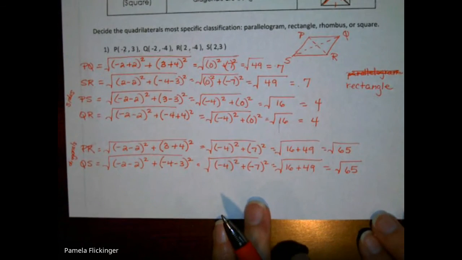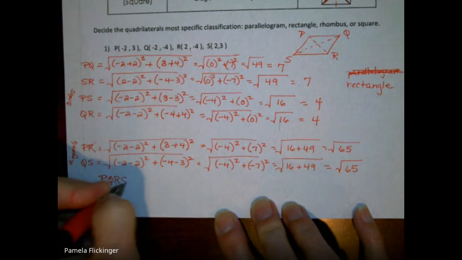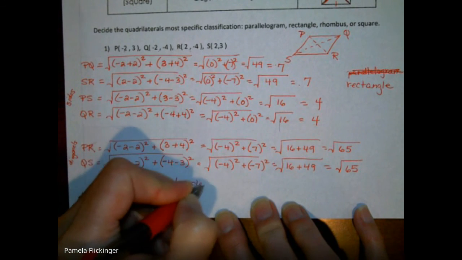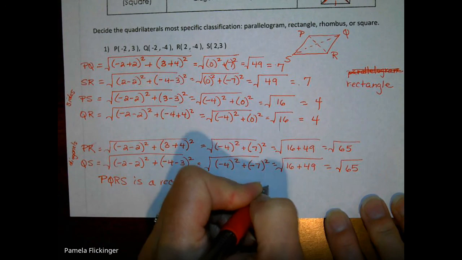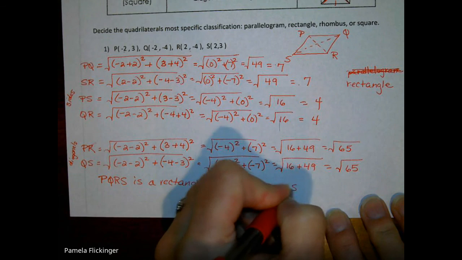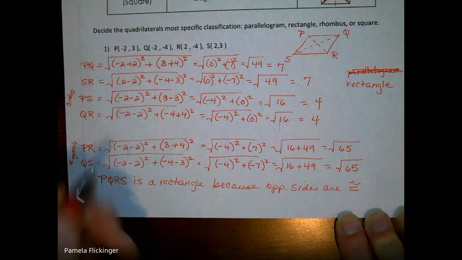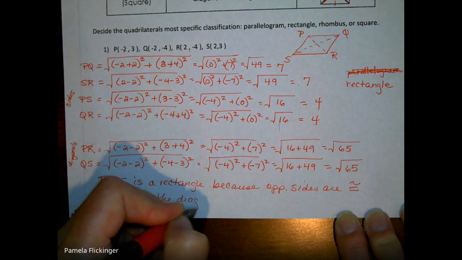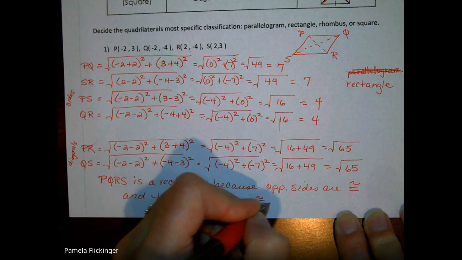All right, now you're going to just explain what you just proved. So PQRS is a rectangle because opposite sides are congruent and the diagonals are congruent.